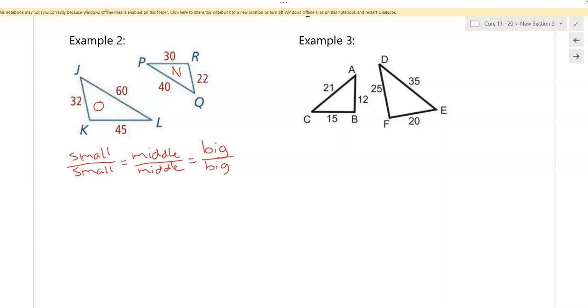So my smallest side is 22. My smallest side here is 32. Then after 22 would come 30. After 32 comes 45.